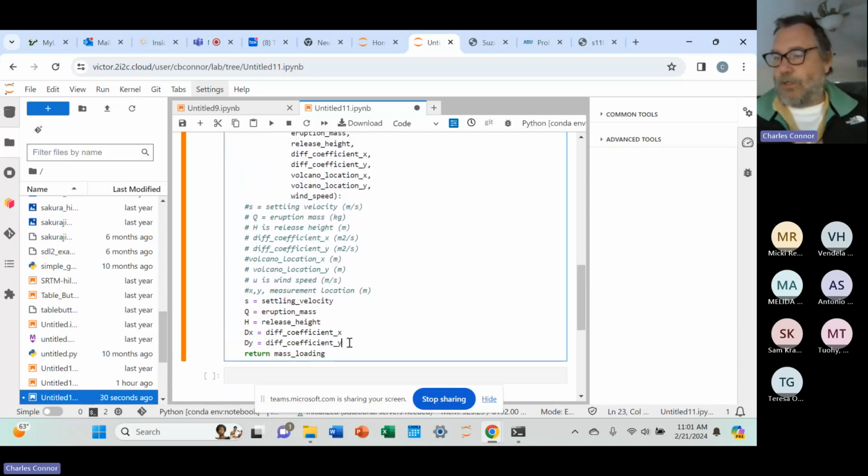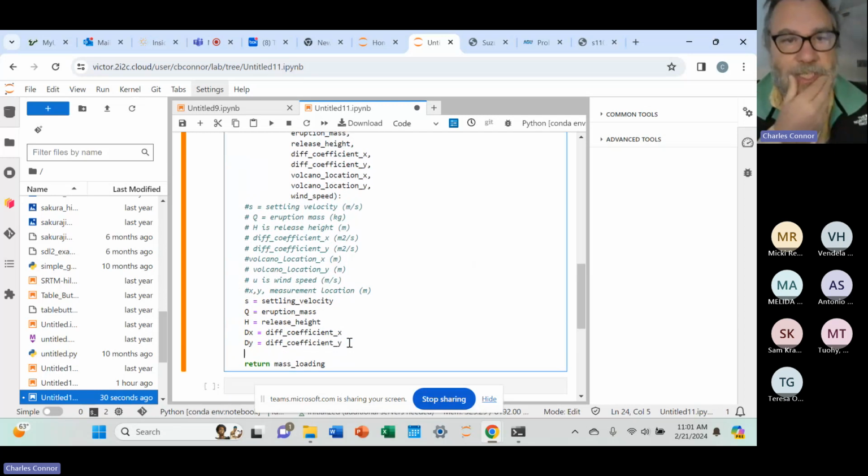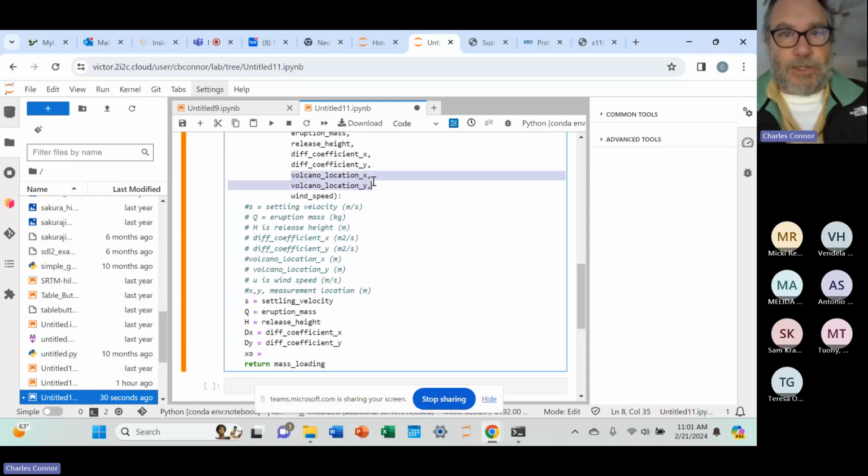And let's call the volcano location x naught, the volcano location in the X direction.